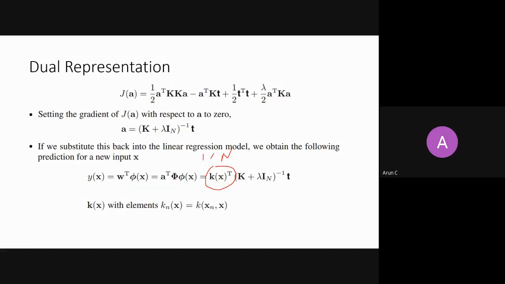This is nothing but a Gram matrix with some regularizer, so it is an n by n matrix, and the result will be 1 by n. So it's a vector of 1 by n.